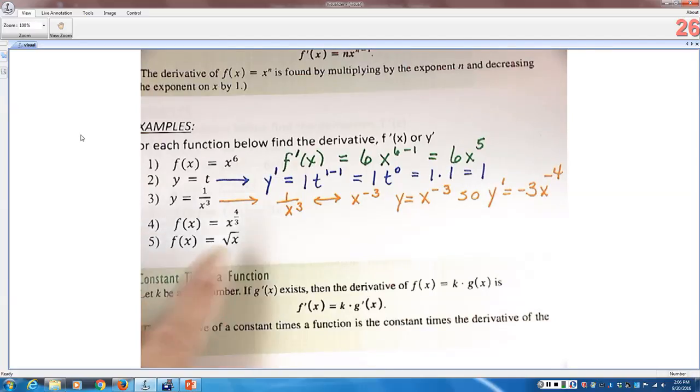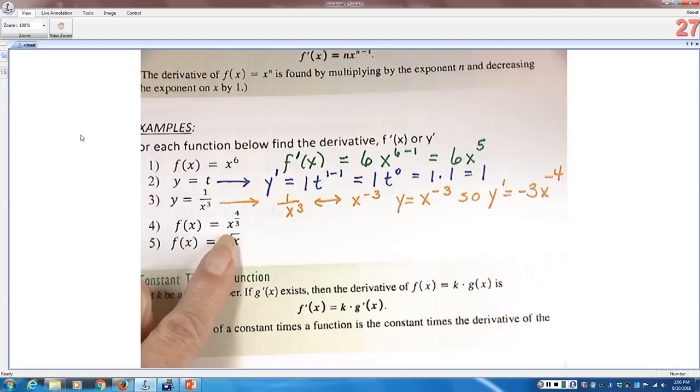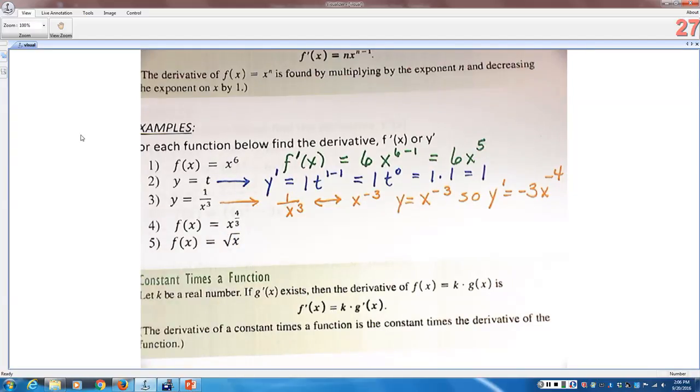Now you try one. Y equals x to the 4/3 power. Follows the same rule. Power comes down in front, subtract 1 from the power. Tell me what you get.